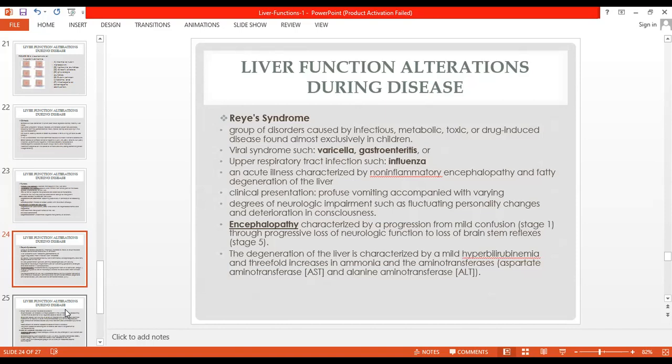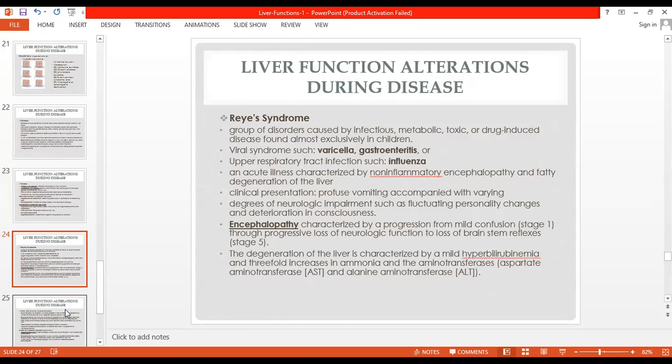Reye syndrome is an acute illness characterized by a non-inflammatory encephalopathy and fatty degeneration of the liver, with a clinical presentation of profuse vomiting accompanied with varying degrees of neurologic impairment, such as fluctuating personality changes and deterioration of consciousness.